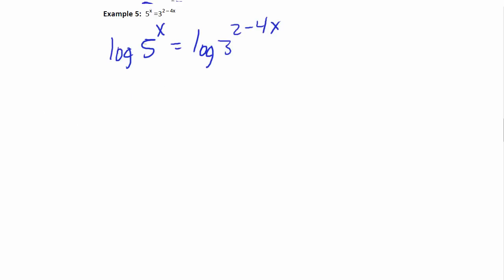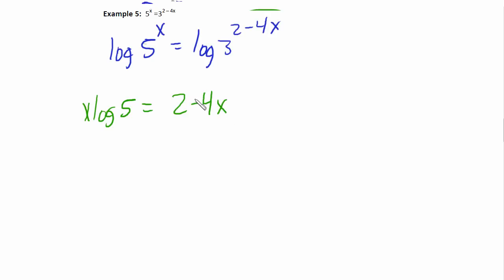Then I can apply my logarithm theorem that says if I have an exponent in my logarithm, I can pull it in front as a multiplication. Doing so unlocks that x from that exponent location. It gets it down here so I can work with it. That's the whole goal. Same thing here, pull this in front as a multiplier.